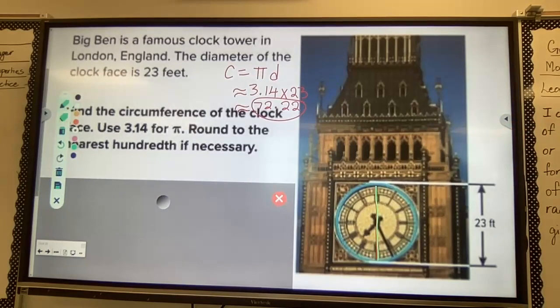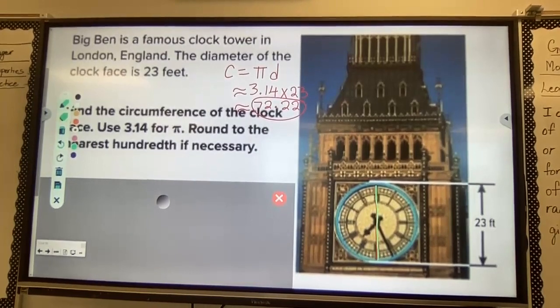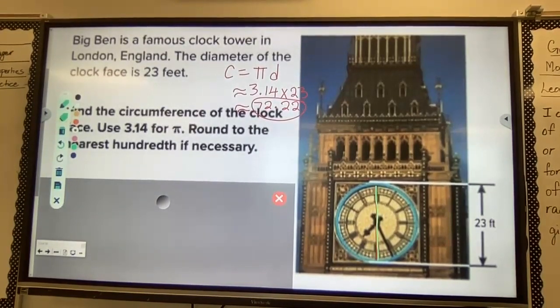And this was used why? Because the pi value of 3.14 was used for pi. Because that's an approximation, the circumference is an approximation and not an exact value. An equal sign can only be used when the answer is an absolutely exact value. All right. Now let's do another problem.